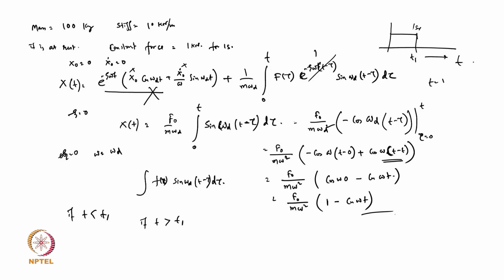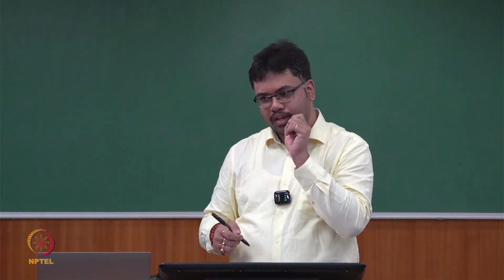After that portion, you have to solve assuming a free vibration, because there is no force. So whatever the response is at that point, you can identify the velocity and displacement at t equal to 1 and use that as the initial condition for the rest of the problem, because that's a free vibration.